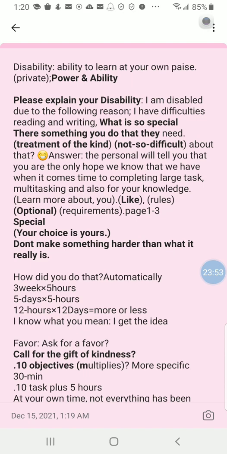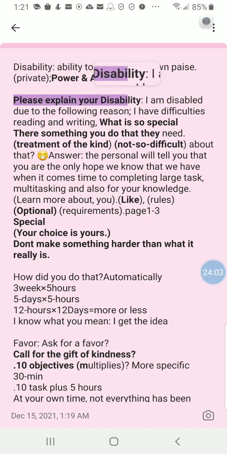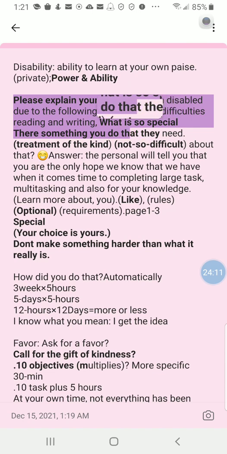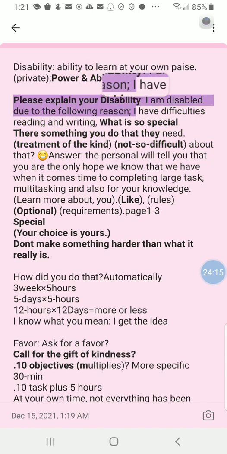But still, at the same time, it's like, please explain your disability. And everybody else might say, well, what's the problem? Not too much of a problem, but if I'm going to be using the student accommodations, or anything from what the doctor said.